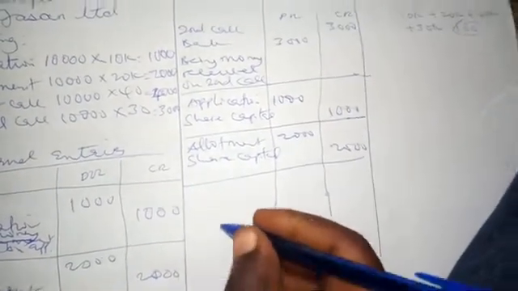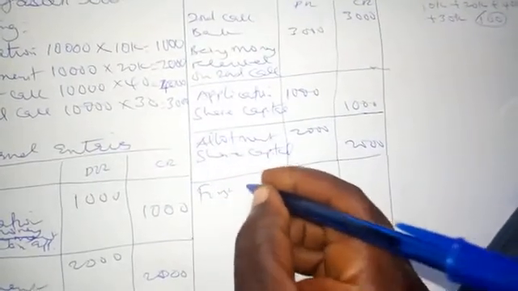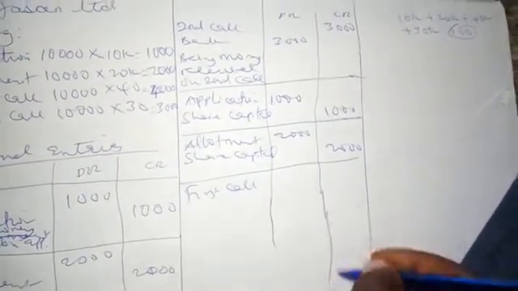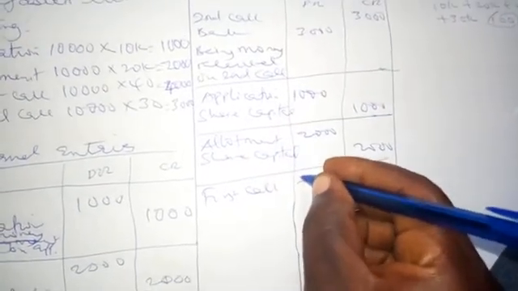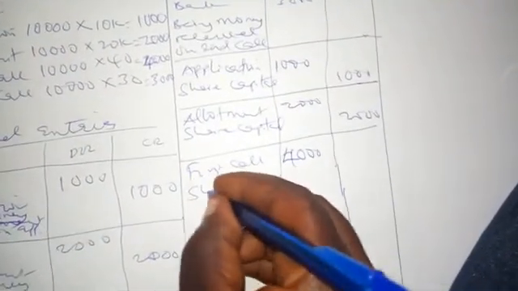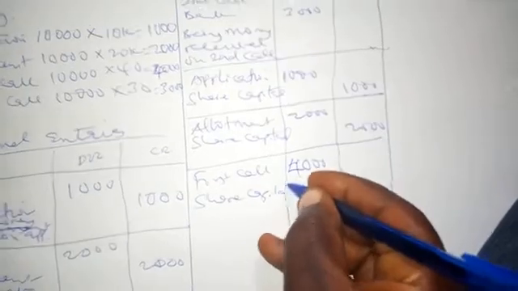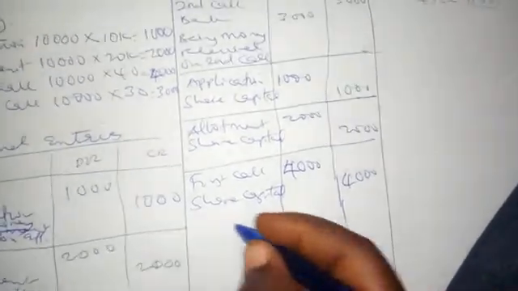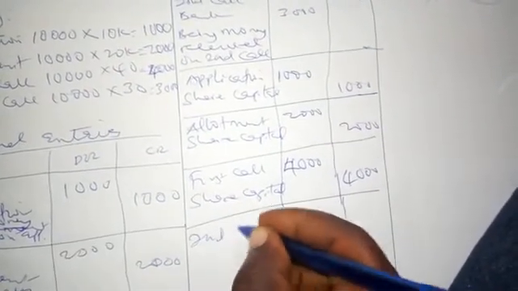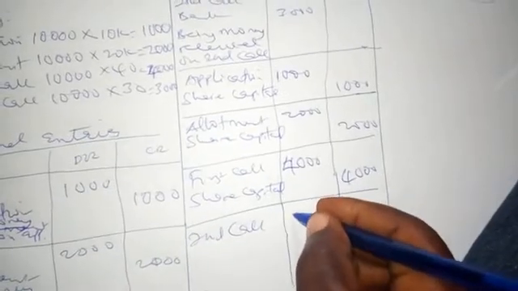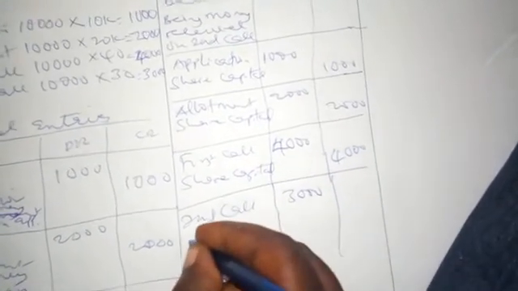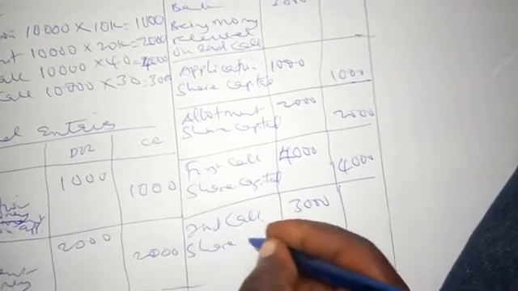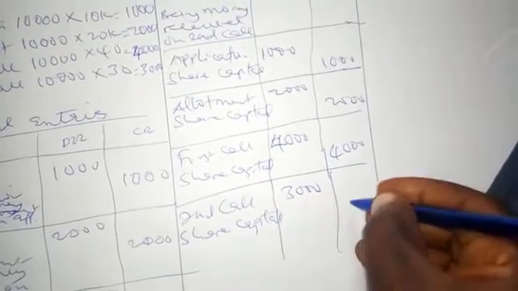The next one is first call, 4,000 naira, and share capital also 4,000 naira. And the last one is second call, 3,000 naira. Then share capital 3,000 naira. So you close this one too.